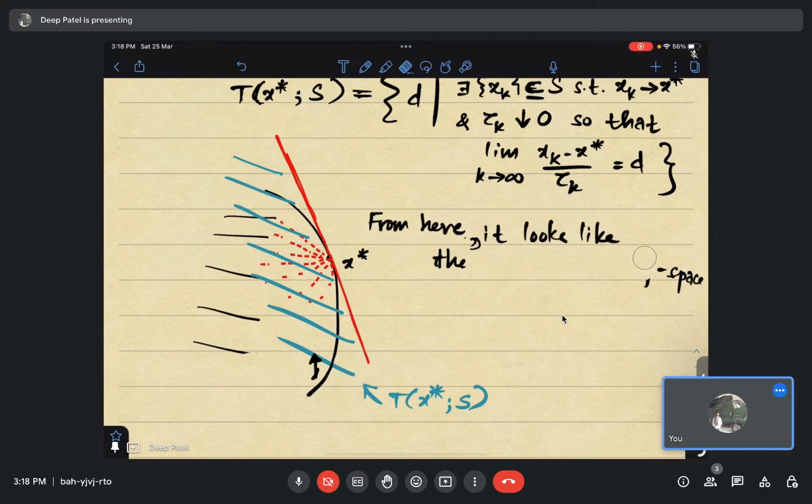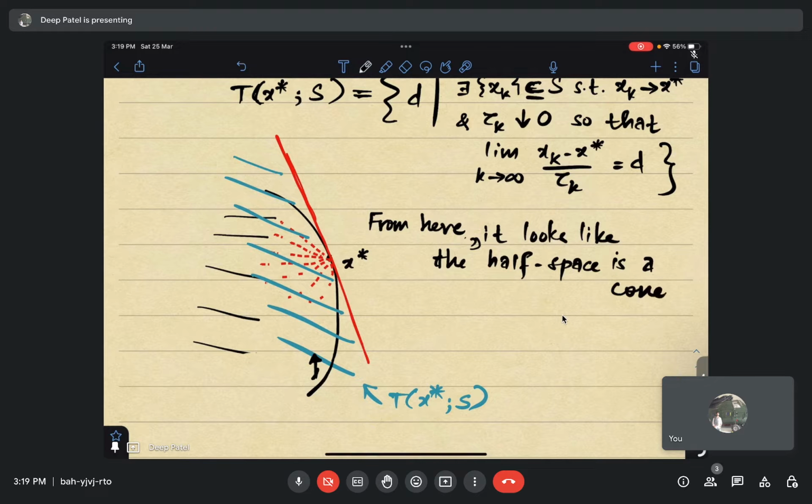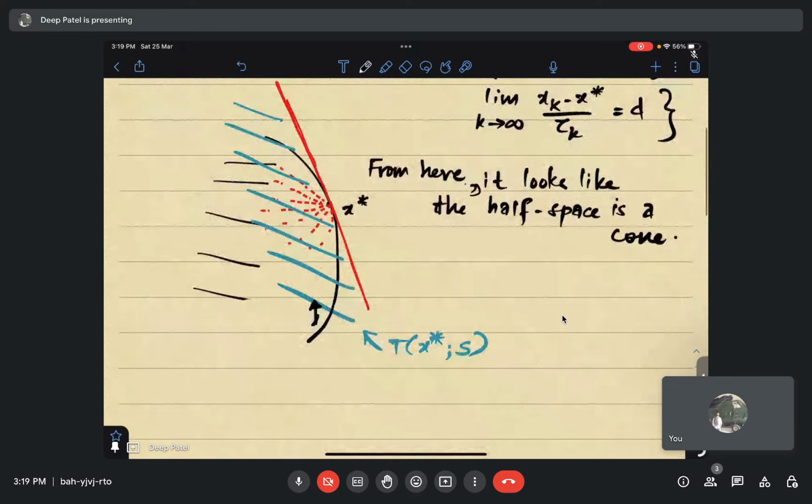My bad. Half space is a cone. I'm just thinking out loud. I think we should shift the origin to x star and consider all rays originating from x star. In that way, probably it may be a cone.